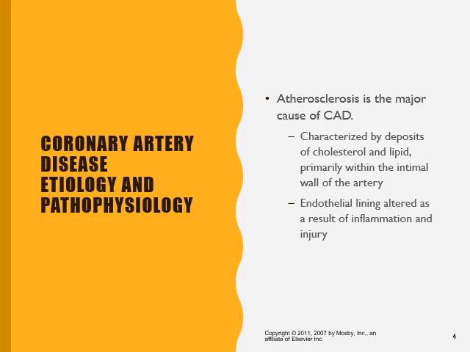Because coronary arteries are responsible for oxygen and nutrients to the myocardium, CAD results in a decrease in the supply of both oxygen and nutrients to the heart. If you have too much of a decrease of oxygen, you're going to end up with myocardial infarction.